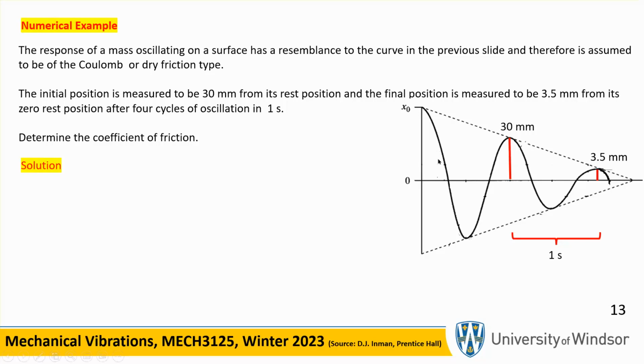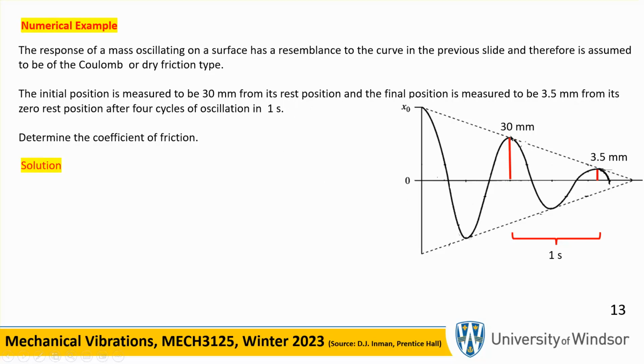Those are called amplitude. The initial position is 30 millimeters, and the rest position is 3.5 millimeters from the zero rest position.